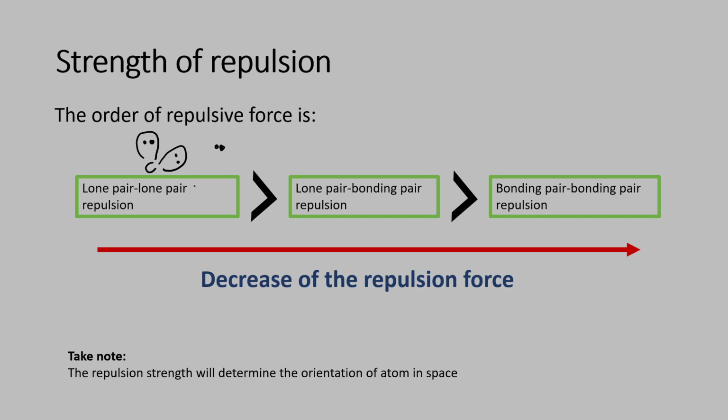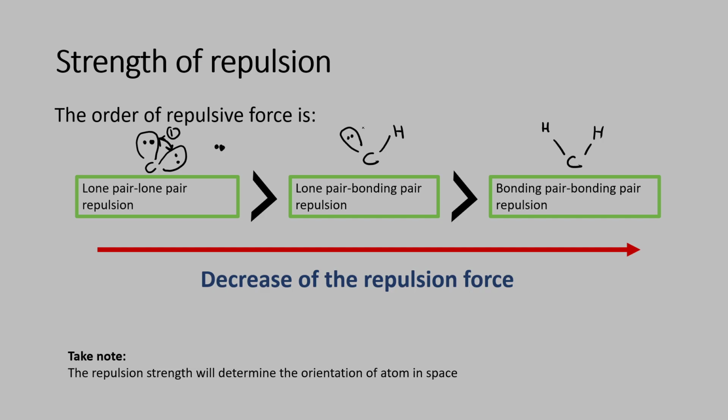Okay, so strength of repulsion cakap, so lone pair and lone pair repulsion is the highest berbanding contohlah C dengan H berbanding this. Ni contoh je lah. So lone pair dengan lone pair ni dia tolak each other very strongly.